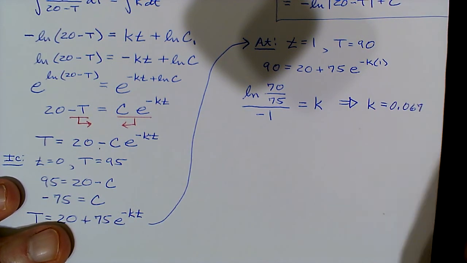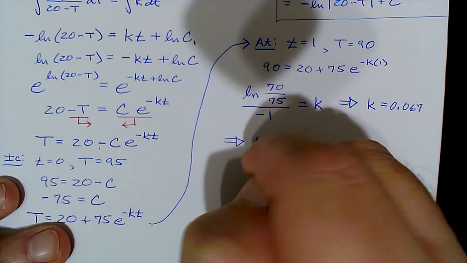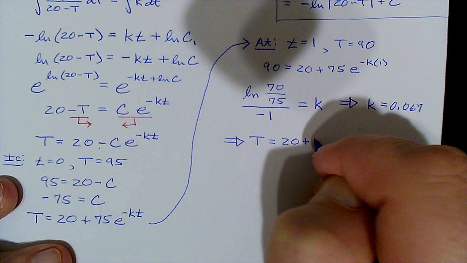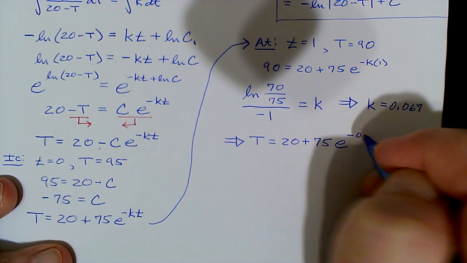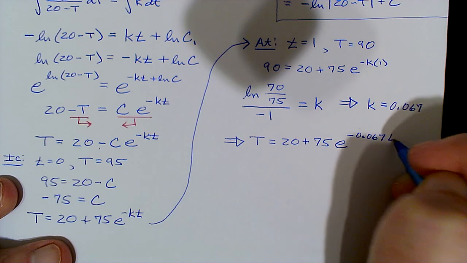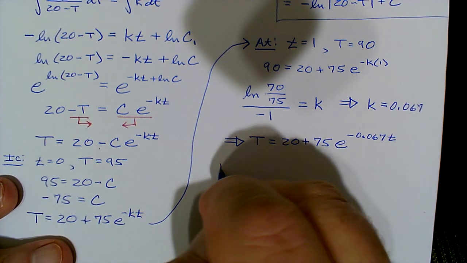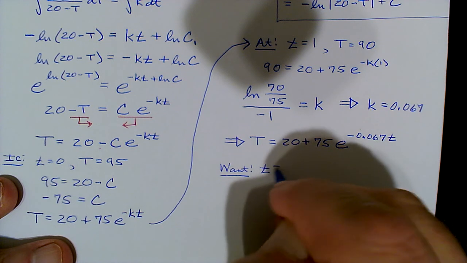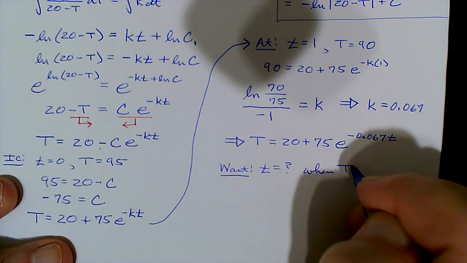So now our equation in general is that the temperature at any time is 20 plus 75 e to the negative 0.067 times t. So what we wanted was how long does it take, or t is question mark, when the temperature is 65.